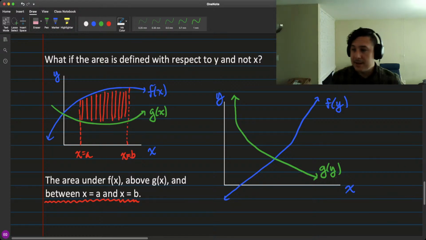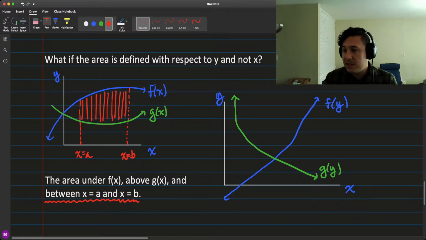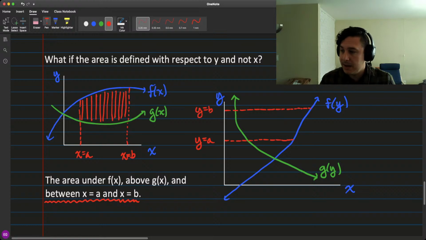Which means when we talk about our bounds, we're going to be integrating from y equals a to y equals b. And this is now an area defined by y. And we are interested in this stuff.